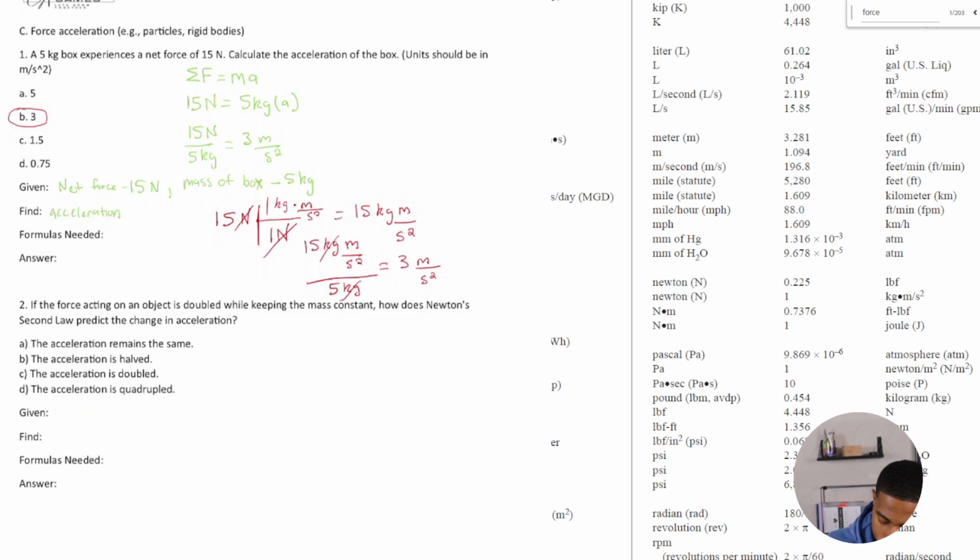I'm sorry. So we got force is doubled. We also have that mass stays the same. How does Newton's law predict?